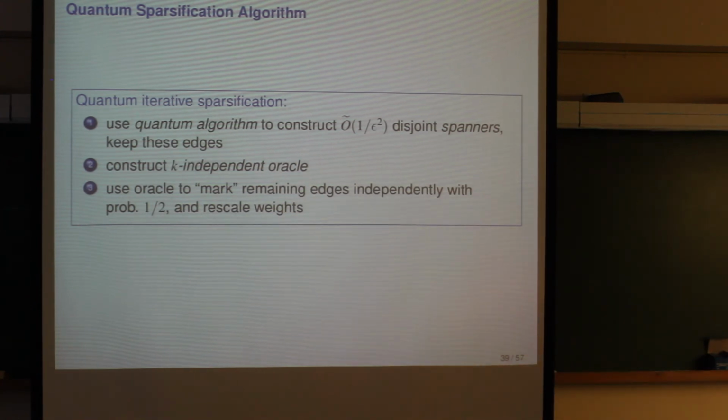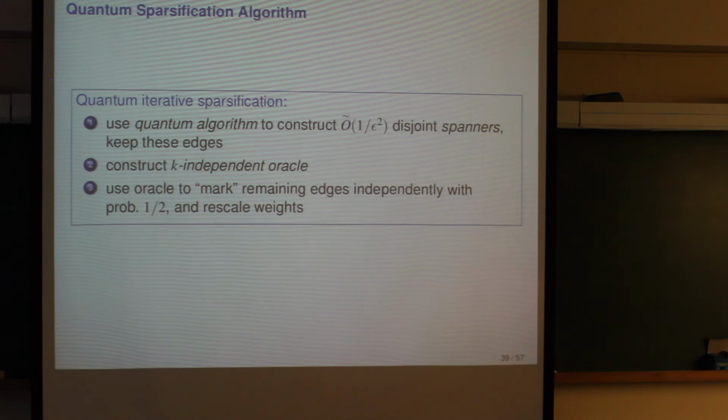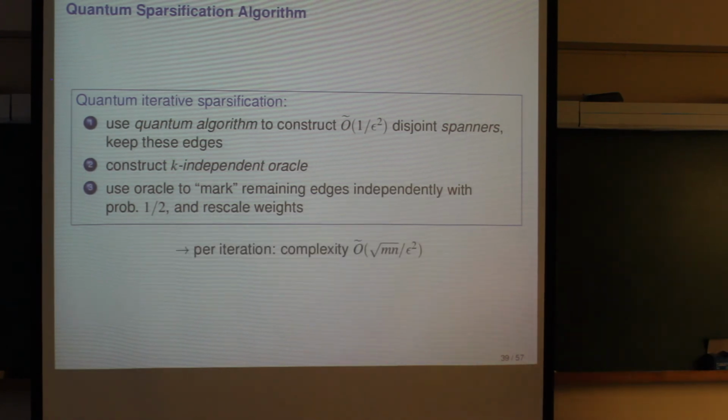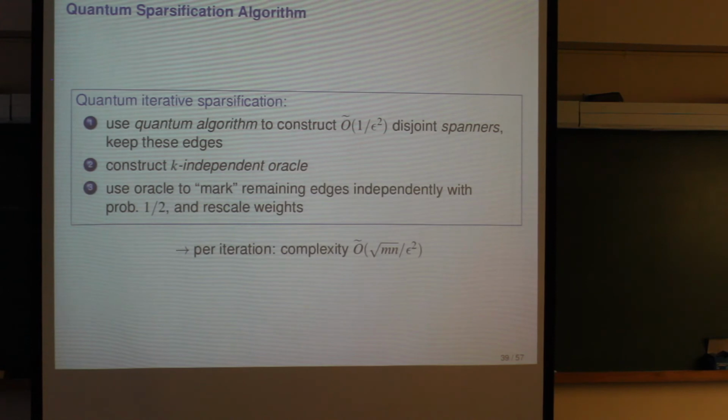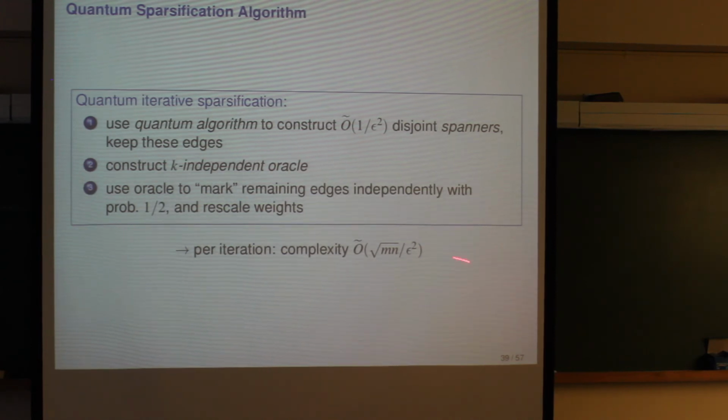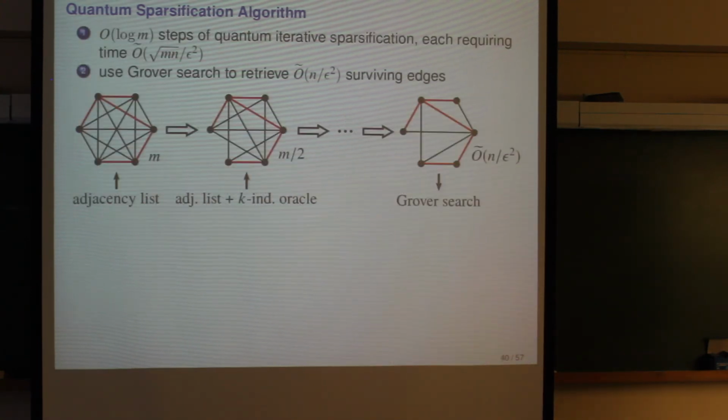And then we use this oracle to mark which edges are still there and which are no longer there. This simulates a uniformly random advice string, and so we know that works. Per iteration, this has a complexity of square root of mn over epsilon squared, which is basically dominated by the first step. We have cost square root of mn to construct a spanner, and we have to construct 1 over epsilon squared of them. So this becomes our cost.